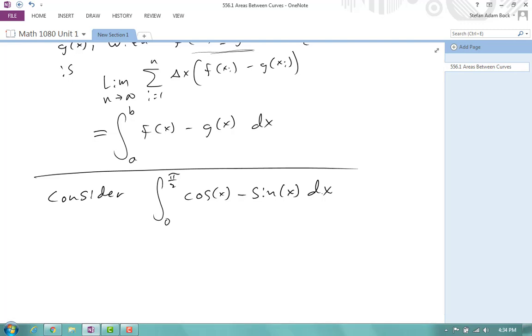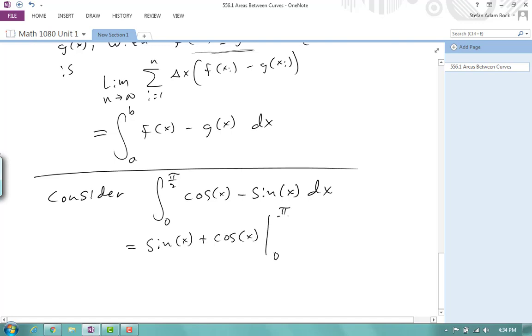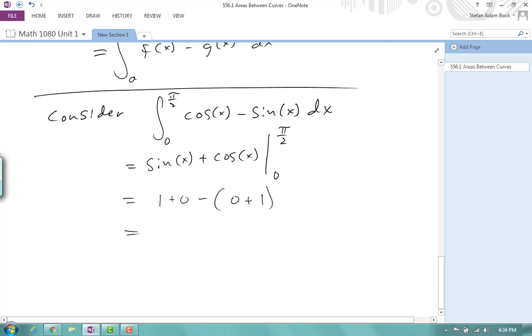But when I evaluate this integral, I'm going to have sine of x plus cosine of x evaluated from 0 to pi over 2, which is equal to sine of pi over 2, which is 1, plus cosine of pi over 2, which is 0, minus sine of 0, which is 0, plus cosine of 0, which is equal to 1. So that's equal to 1 minus 1, which is 0.